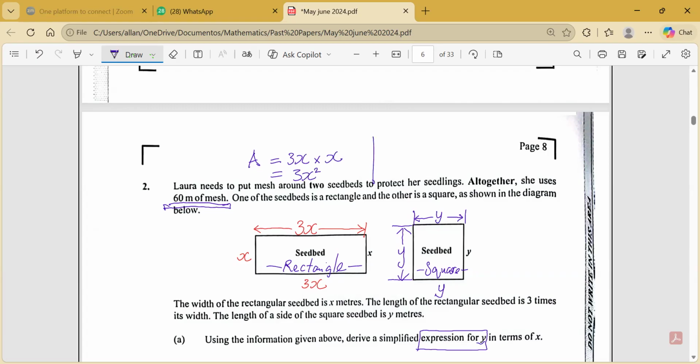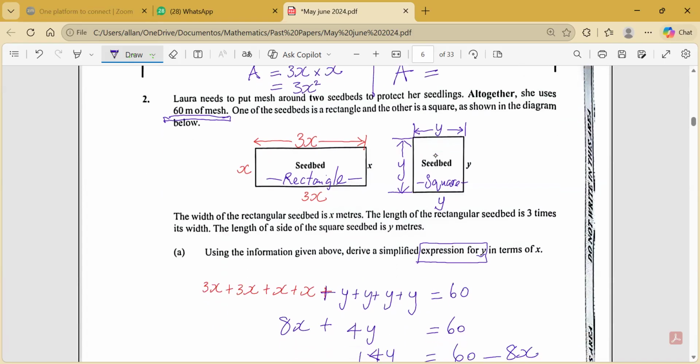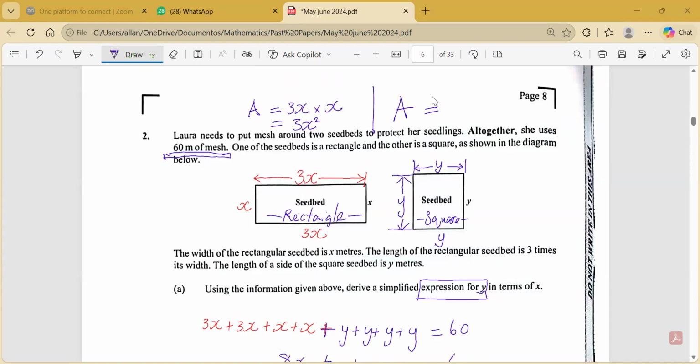And what is the area of the square? So let me ask somebody that. Area of square. Who didn't talk? Shalomi, area of square.